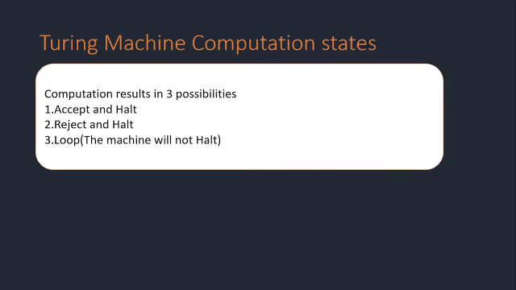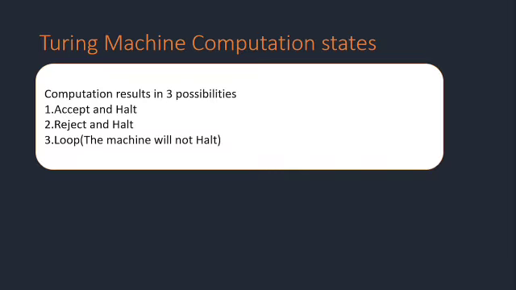Now the next step is, as far as the computation of the Turing machine is concerned, there are three possibilities. Generally it will be either accepting or rejecting, but here you have an additional possibility. The first case is, when the string is a valid string, the Turing machine will accept and halt. If the string is invalid, the Turing machine will reject and halt.